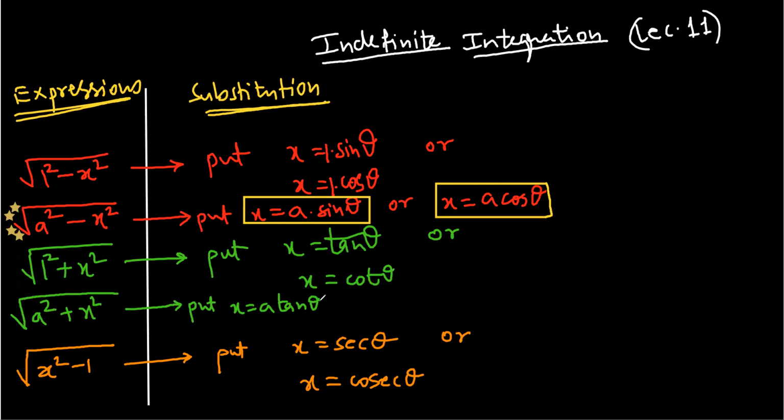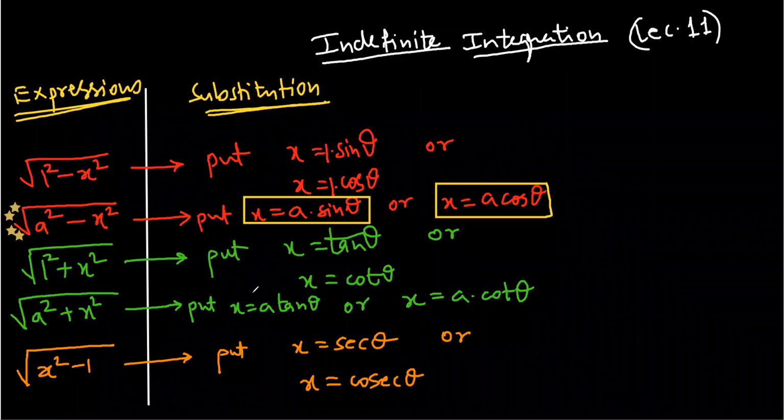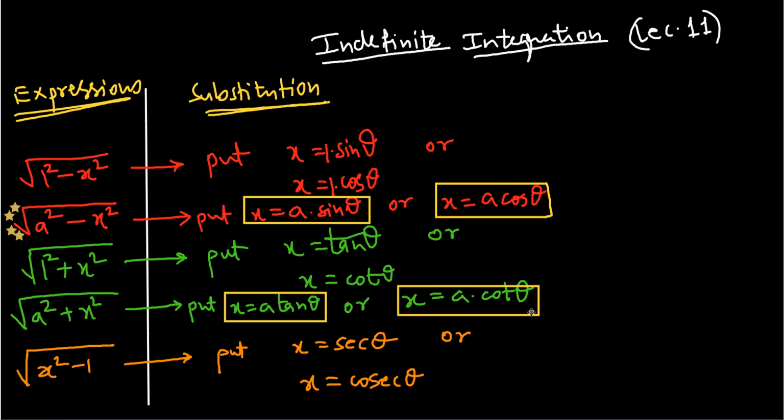So x equals a tan theta, or x is equal to a cot theta. And will this help us remove the square root as earlier? Yes, definitely yes.